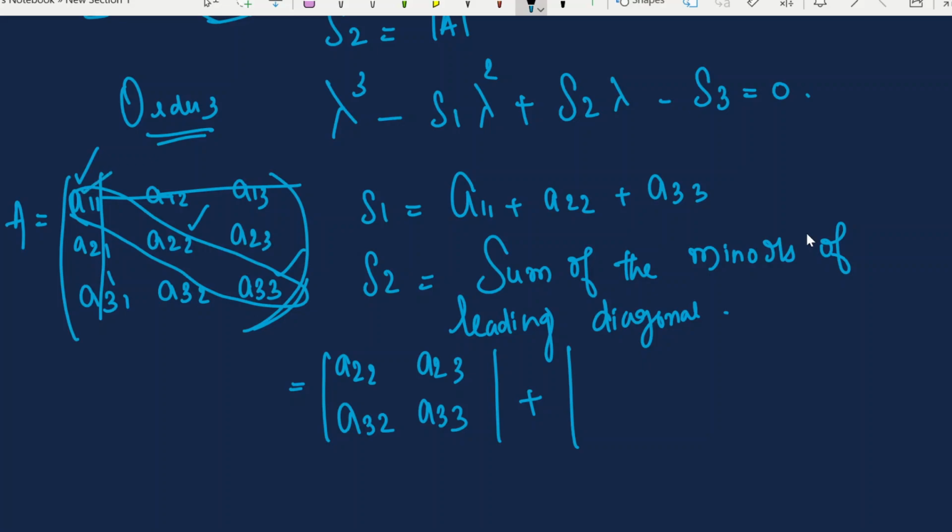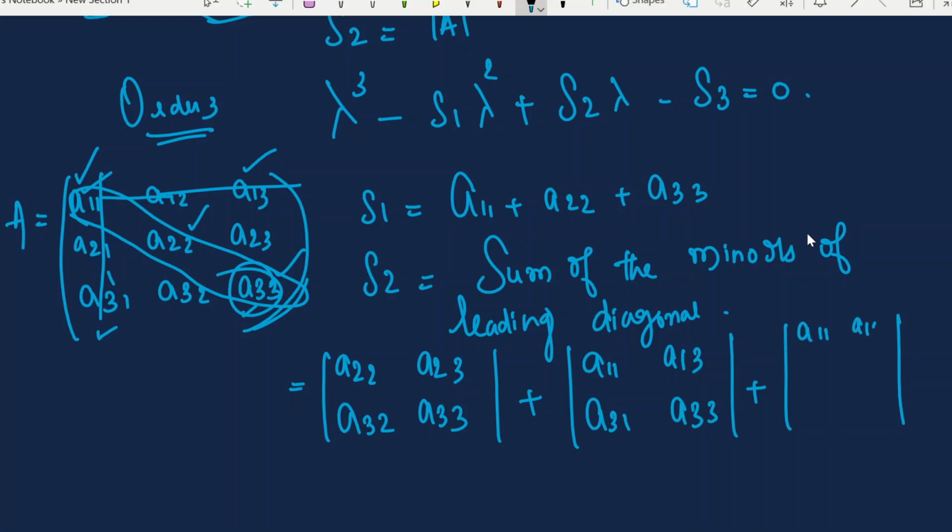The remaining entries are A11, A13, A31, A33, plus the minor of A33. Neglect the corresponding row and column of A33: A11, A12, A21, A22. Next, S3 is the determinant of the square matrix of order 3.